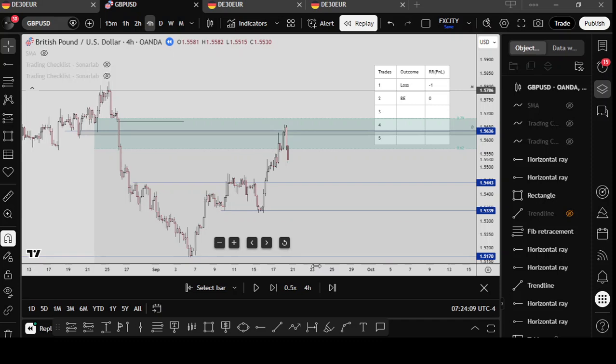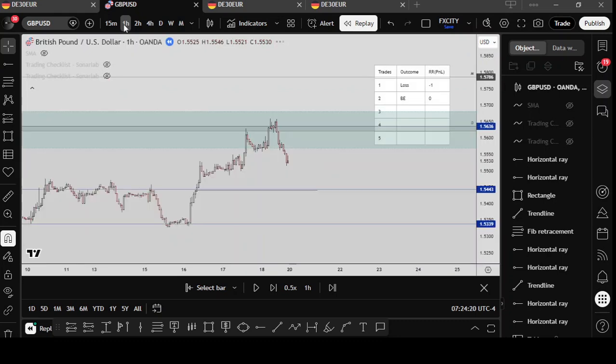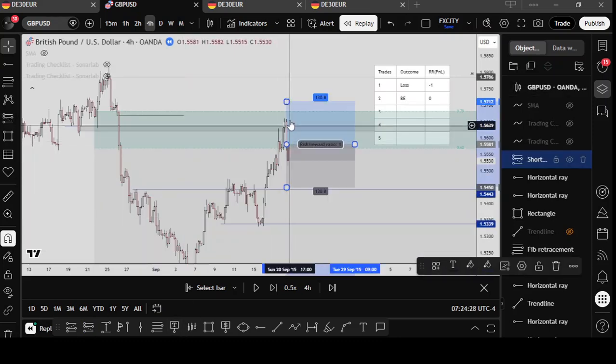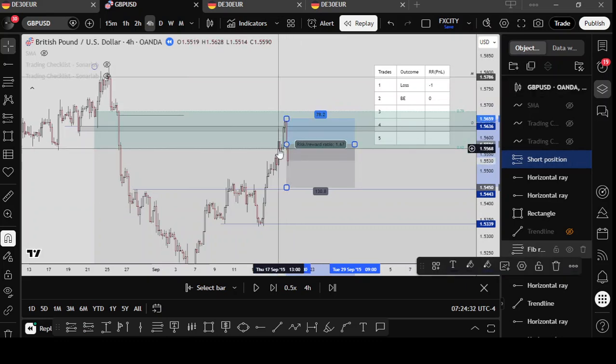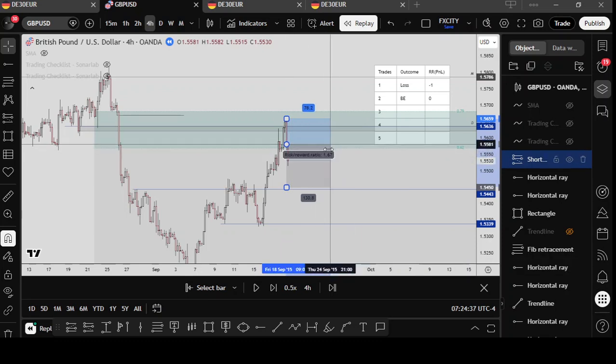Sorry guys, I was trying to pause this, but it happened very quickly. Right, so this right here is your entry. This right here is your entry. The second reaction from that level, where you have the first one and then the second one, so this is like a double top.